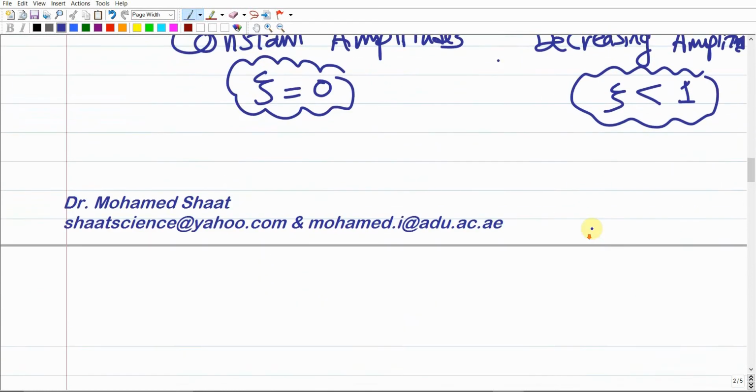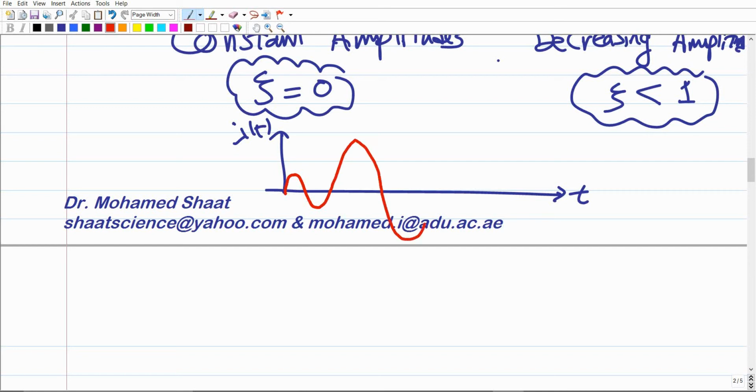The other option: how about if we do have I of t, the current, and this is the time, t. And in this case, we do have an increasing amplitude, like the amplitude is small and is going to increase as we move with time. So we do have here an increasing rate of the amplitude. The amplitude I1 is less than I2, and I3 in the third wave became even bigger.